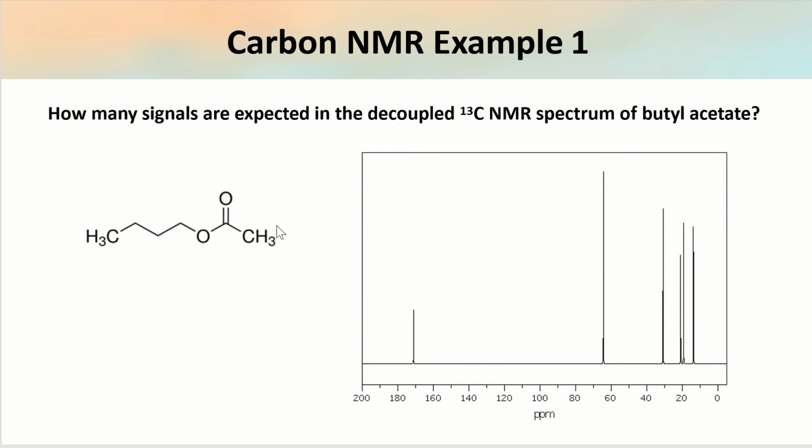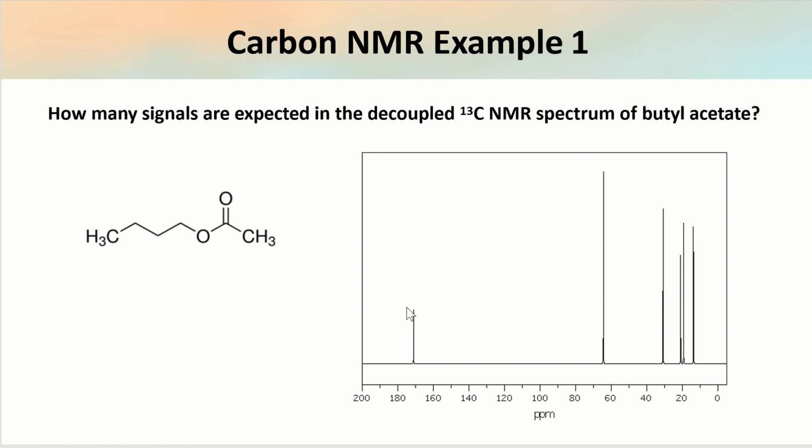So let's see. If we have 1 here, 2 here, 3, 4, 5, 6, let's see if the spectrum is in agreement. We have 1, 2, 3, 4, 5, 6. So we are in agreement there.